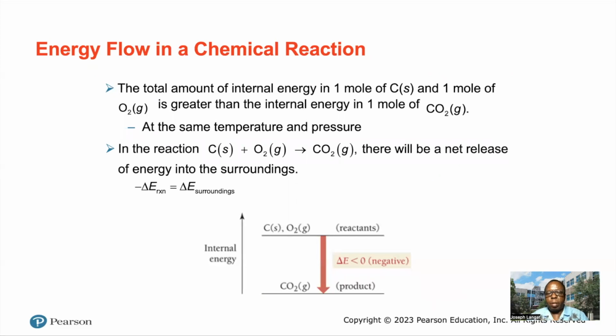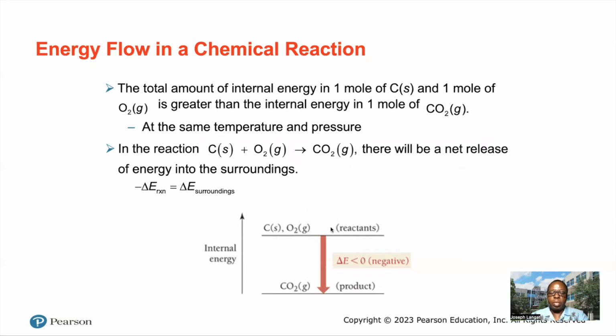Remember, the reaction is our system. Is energy flowing out of the system, or is energy flowing from the surrounding to the system? The author here uses 1 mole of carbon reacting with oxygen.